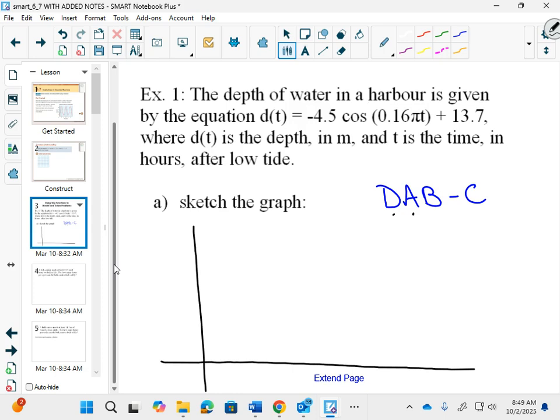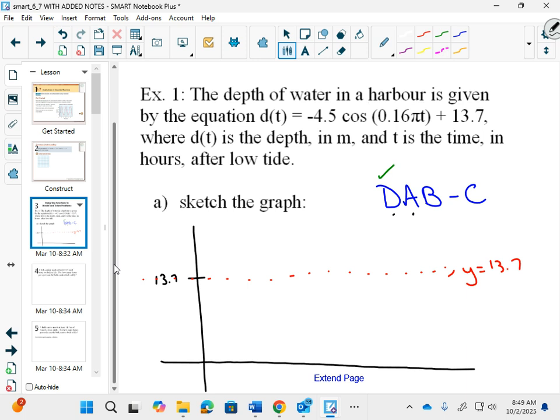So what I can do here is I'm going to pick somewhere, I'm going to say that's 13.7. And that sort of sets my scale up, and I can draw a dotted line along here. Y equals 13.7. And then I use my amplitude, so that's all for D. I use my amplitude to find my maximum and my minimum.